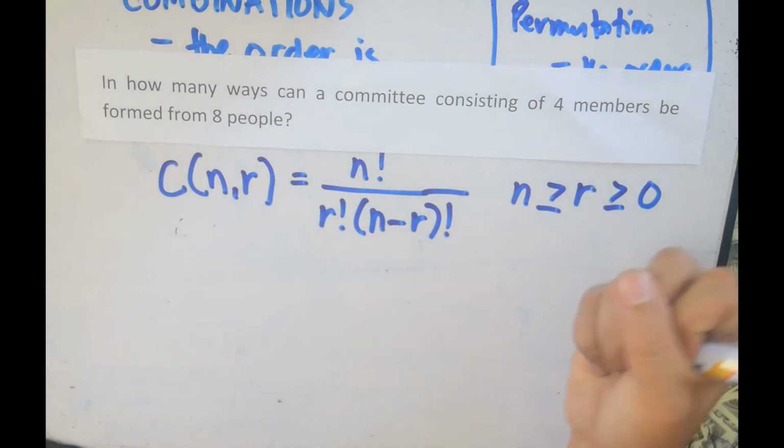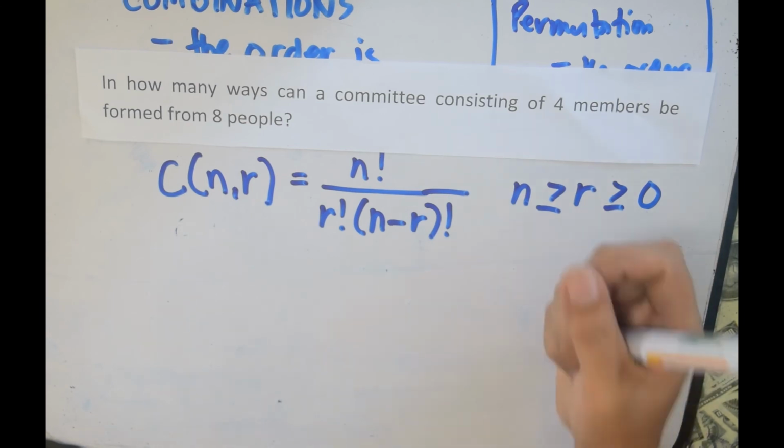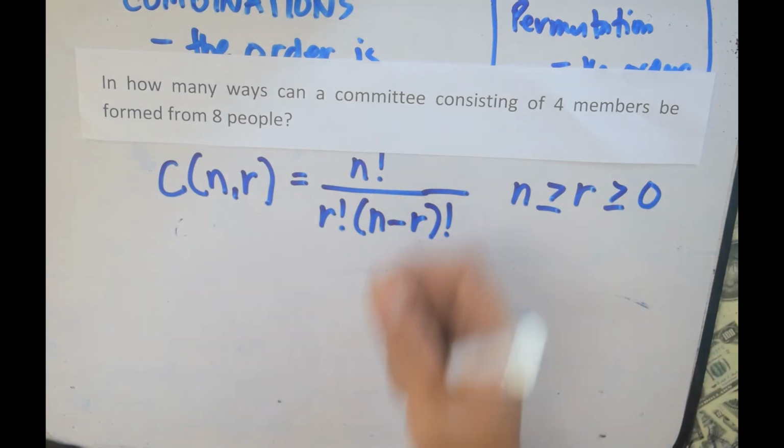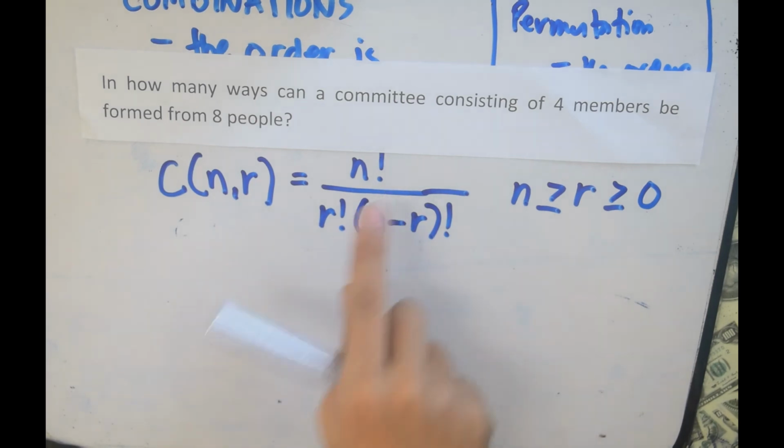So from 8 people, you are going to get 4 people to form a committee. In this example, the order is not important because you are just going to select whoever the people are. So this example is a combination.